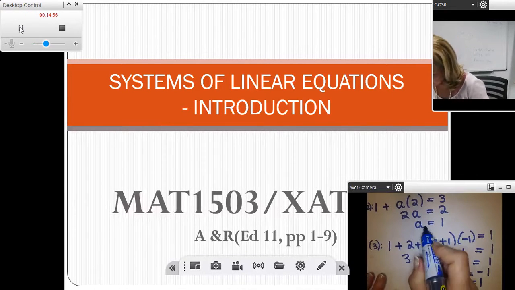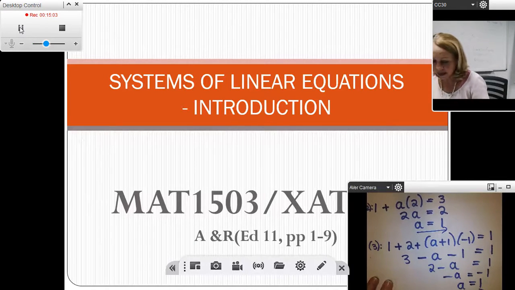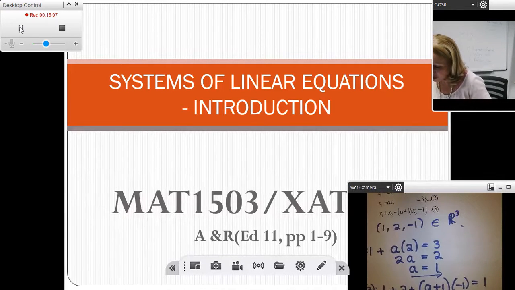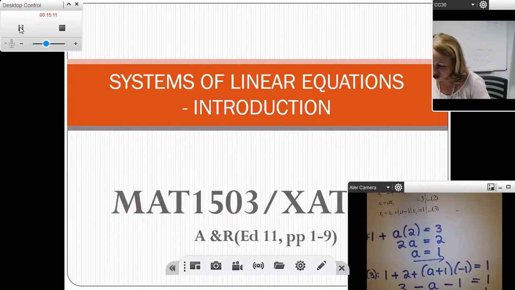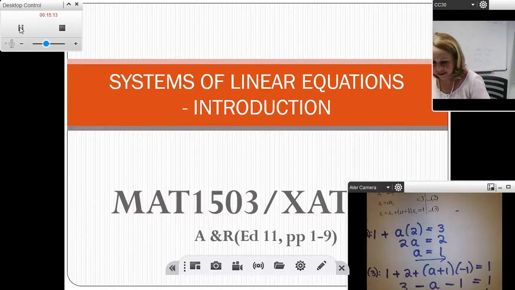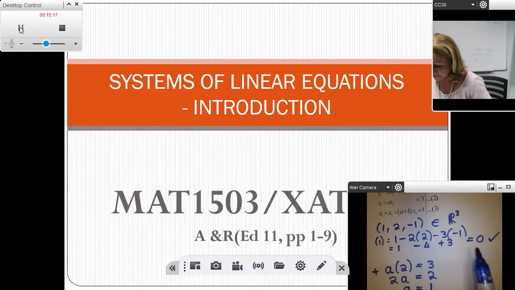All right, this is good news. From equation 2, when we solved, we got A equals 1, and from equation 3, A is also equal to 1. Therefore, the answer to this question, for which values of A is this a solution to the system, is A equal to 1. Why? Because first of all, it satisfied equation 1.